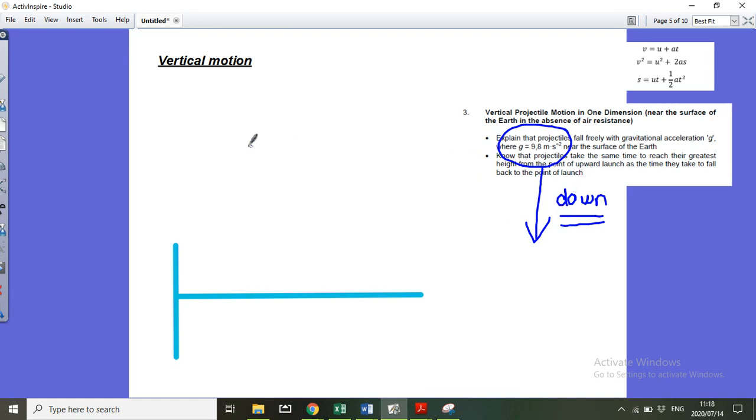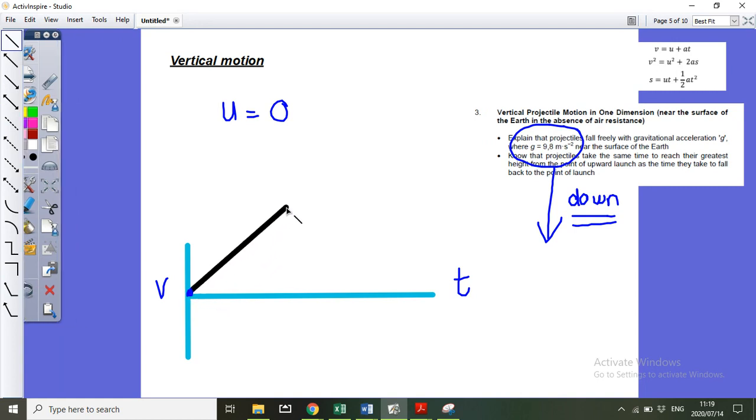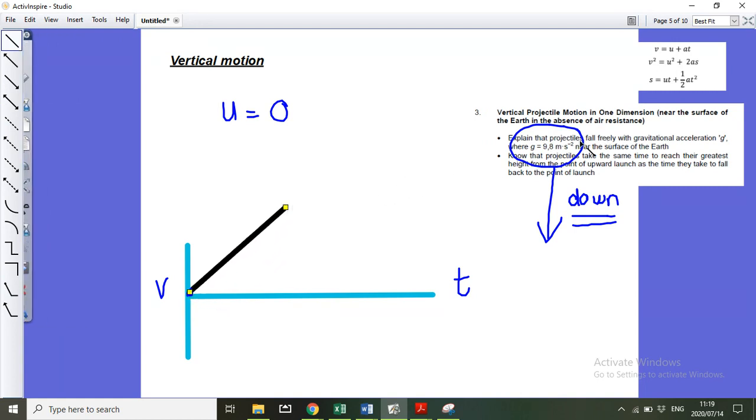Now, if you think about an object being dropped, if the object is just dropped downwards, then you know that u is going to be 0. So when you look at a graph of the velocity versus time, then you're going to start here at 0. And please, we're going to use a ruler because the gradient of this line gives us the acceleration.